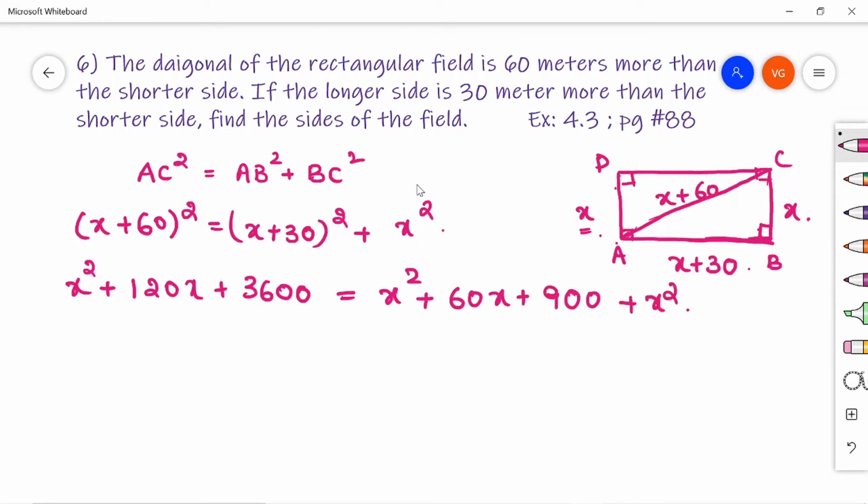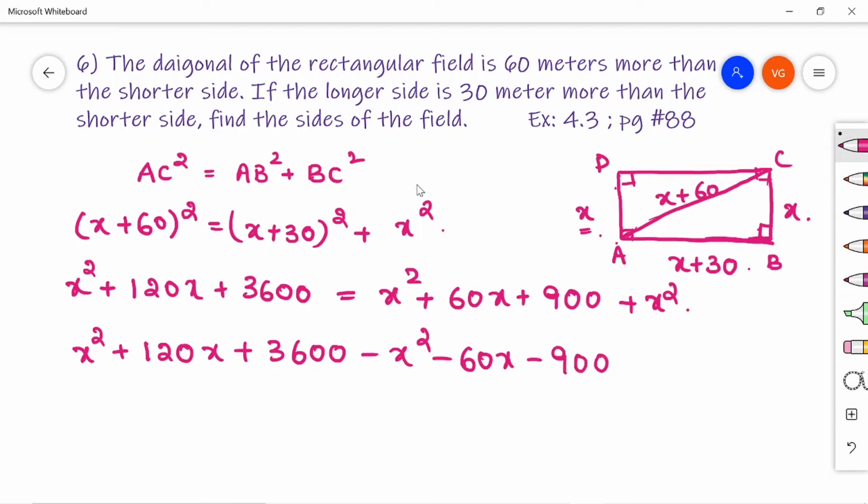Try to bring everything onto your left hand side. So 120x plus 3600 minus x square minus 60x minus 900 minus x square is equal to 0. So x square and x square will get cancelled.